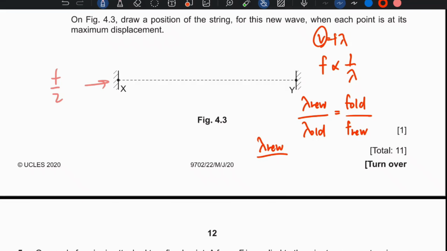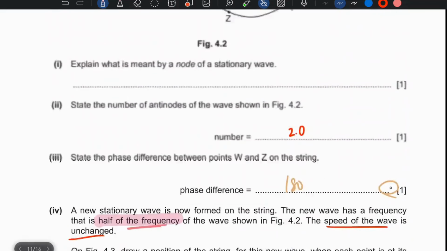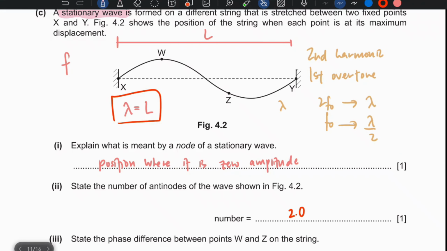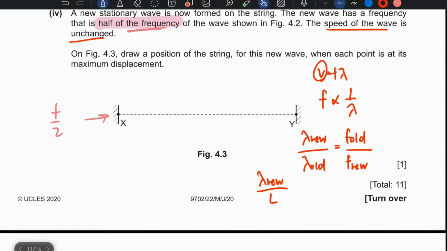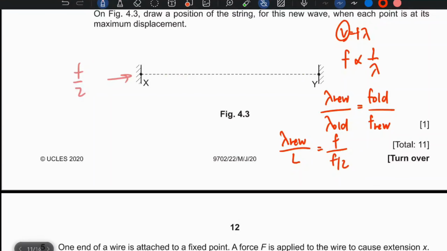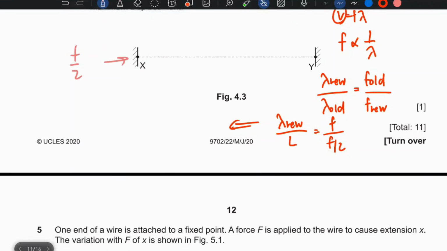Old wavelength, we know it is L, right? Because we have set lambda equals L, the old value. And the old frequency is f, the new frequency is f over 2. So now you do the math. Lambda new equals 2L.